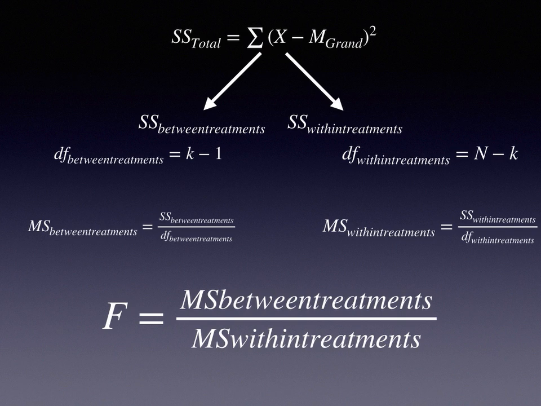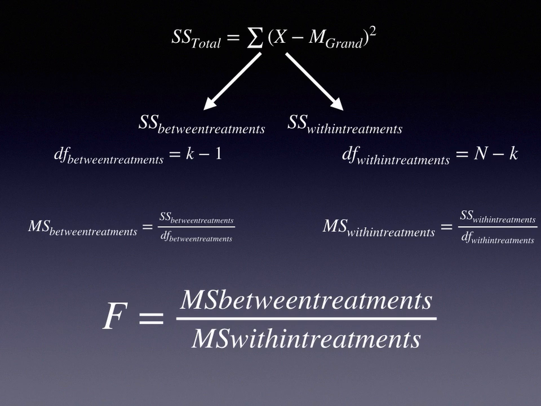The other part of total variability is within treatments variability, which is due to not a treatment effect, but individual differences and chance. In taking the ratio of mean square between treatments to mean square within treatments, we're essentially dividing people are different, individual differences, chance, and treatment effect by individual differences and chance.